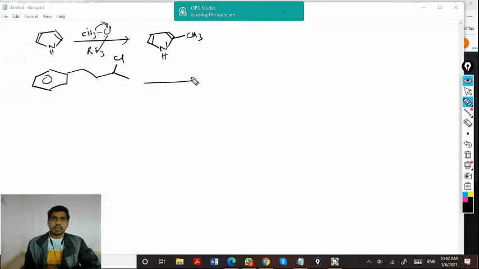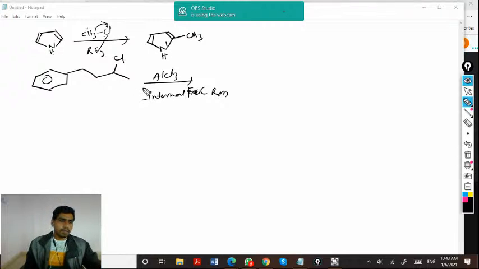So if I take this compound and treat it with AlCl3, what happens is an internal Friedel-Crafts reaction. What I mean by internal is that the molecule itself acts as an electrophile.